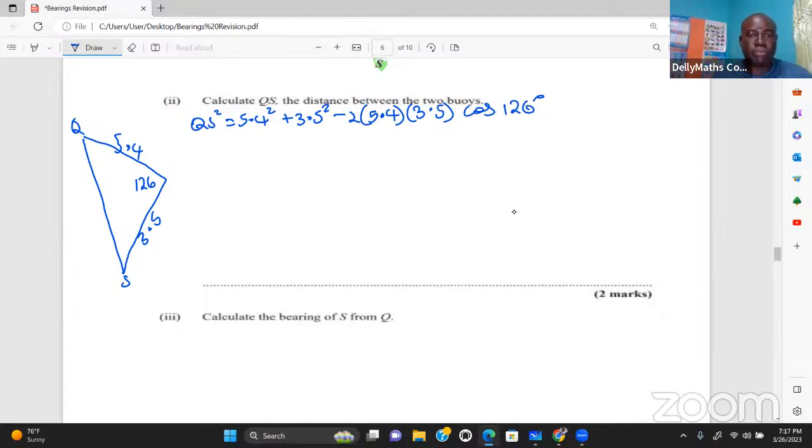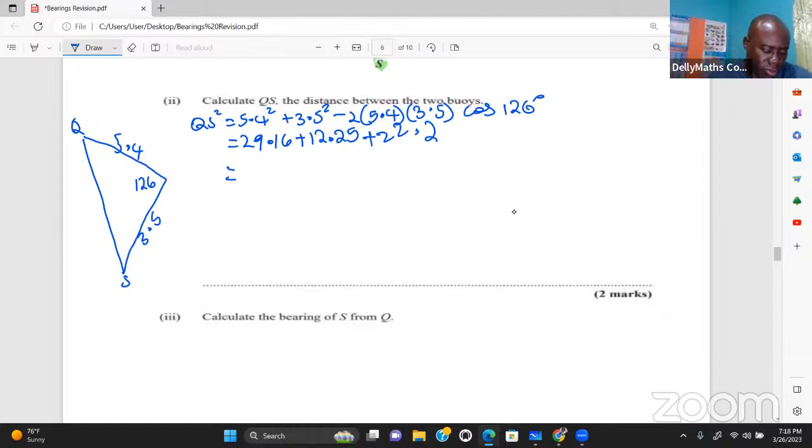Let's try to put our numbers together. 5.4 squared is about 29.16. 3.5 squared will give us 12.25. And then negative 2 times 5.4 times 3.5, times the cosine of 126, and we're getting a positive 22.2.